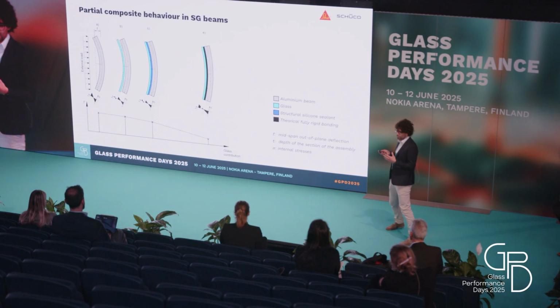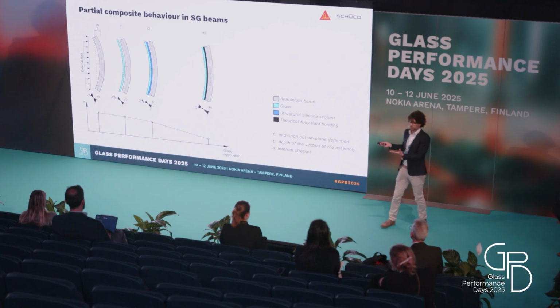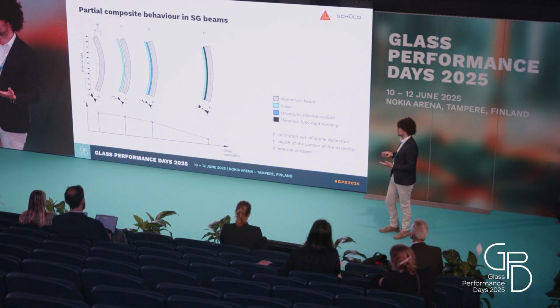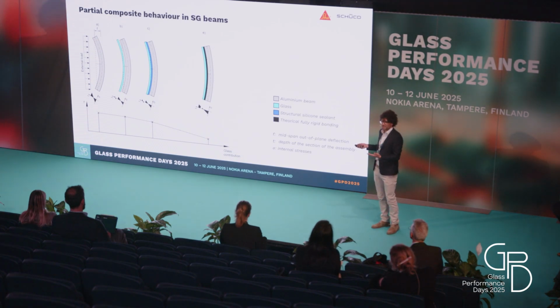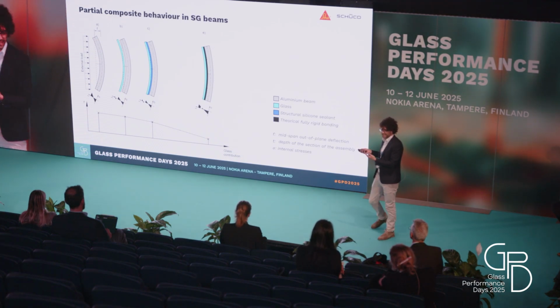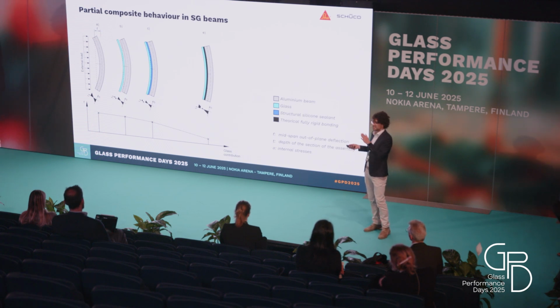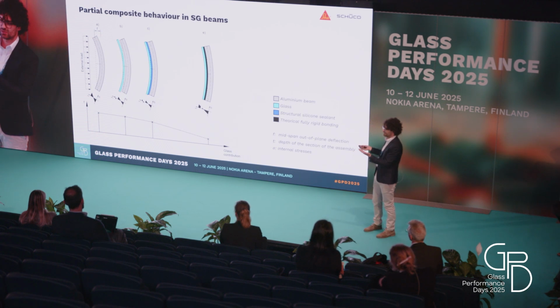So when we look at the beam and we talk about partial composite behavior, I'm pretty sure that most of you are familiar with this. The way we are designing facades most of the time nowadays is case A. So we assume that the out-of-plane load is applied on a beam, but the concept is the same, on a naked beam, so only on the aluminium.